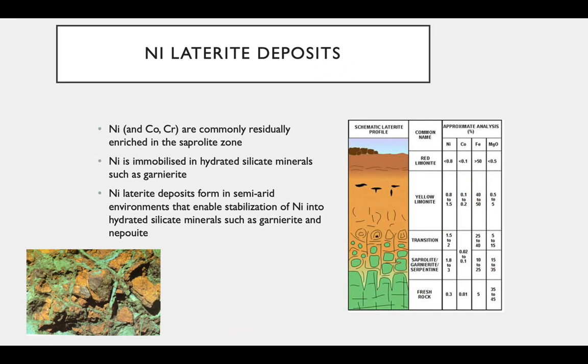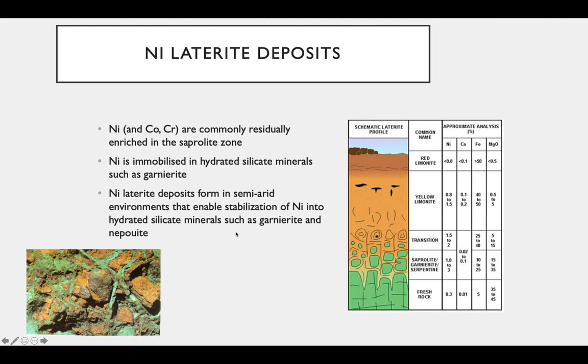For nickel deposits, we need initially this ultramafic source. So one of the most prominent nickel laterite deposits occurs in New Caledonia, where we have one of the largest ophiolites, or oceanic material obducted onto the continent there, and it is in a tropical environment that enables high rates of weathering, and we can actually mobilize a bit of the nickel and residually enrich it and essentially bind it in a variety of minerals that we call garnierite.